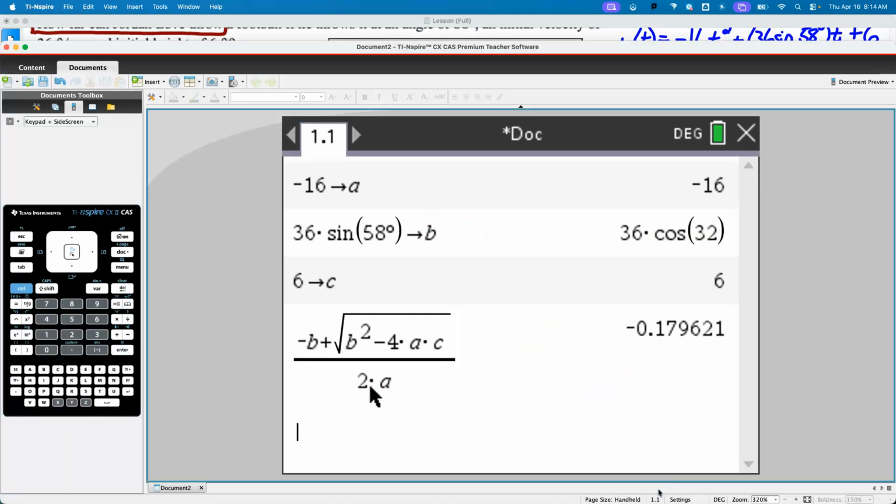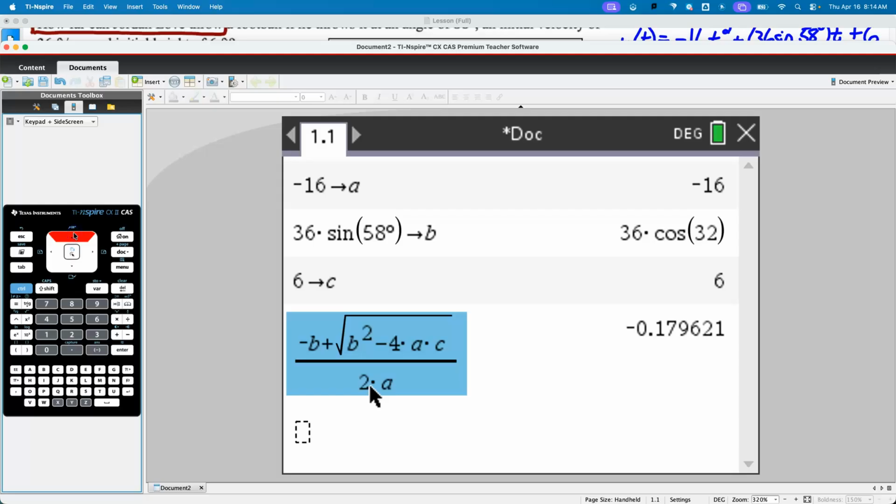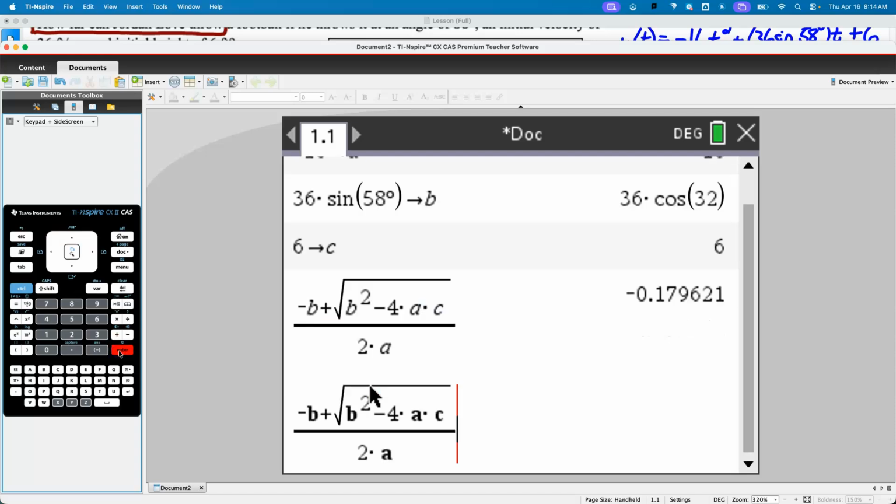Now, let me save you some time. If I scroll up twice, notice how it highlights that. And then I hit enter, it copies and pastes it right into my next equation.